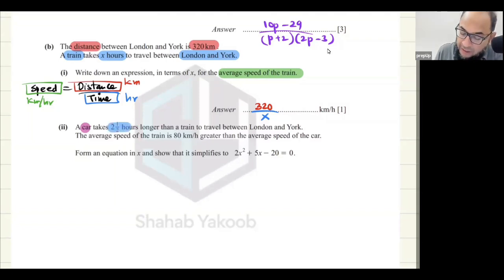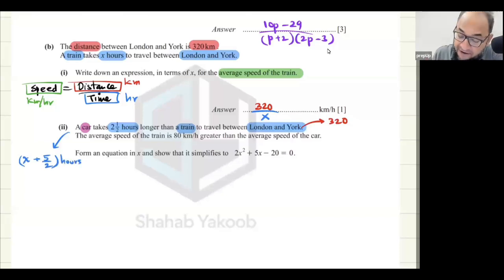This is 2.5 hours longer than a train to travel between the same two towns, London and York. That means the distance is still the same, that is 320. And the time taken, if the first one was x hours, the car will be taking x plus 5 over 2 hours. That is the first thing that needs to be done.